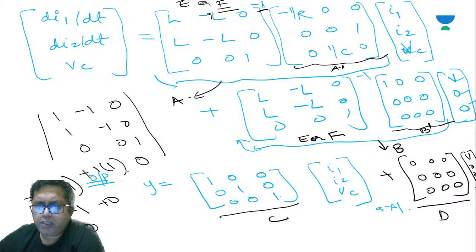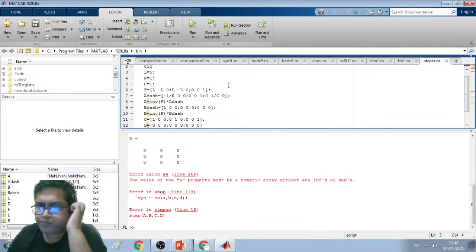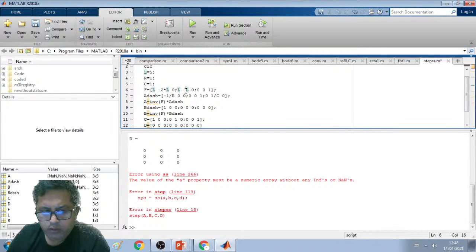Let us say that this is 2n, let us say that hypothetically. Okay, we will save this.